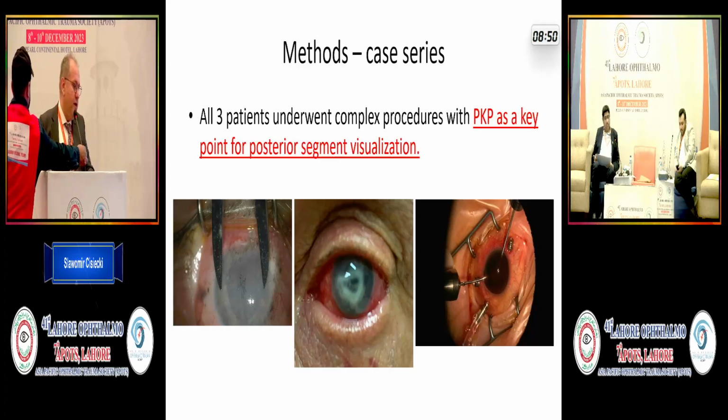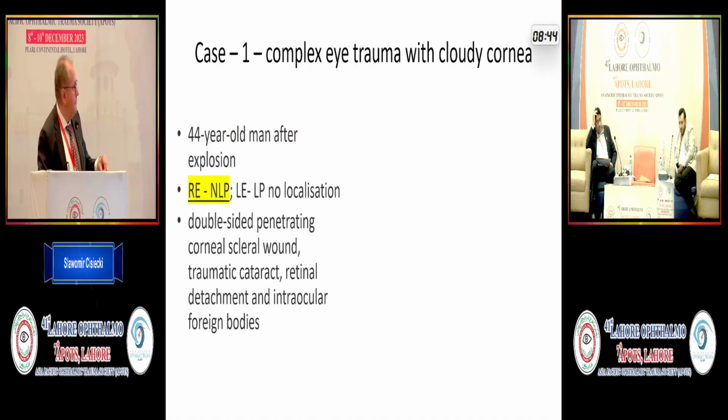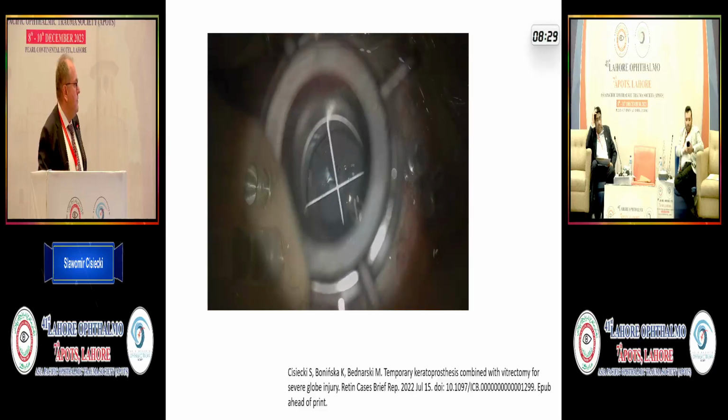Actually we operated 3 cases like that. This is the first one, a 44-year-old man after an explosion. It was a double-sided penetrating corneoscleral wound with traumatic cataract, retinal detachment, and intraocular foreign bodies.